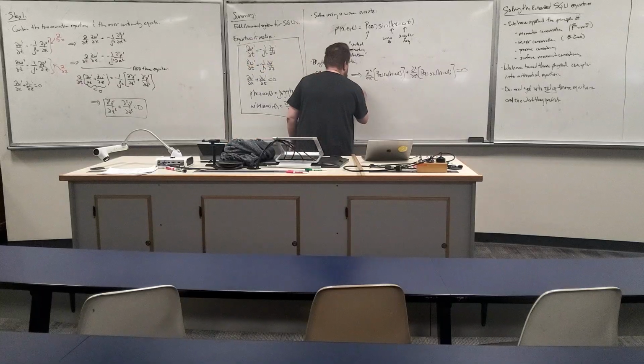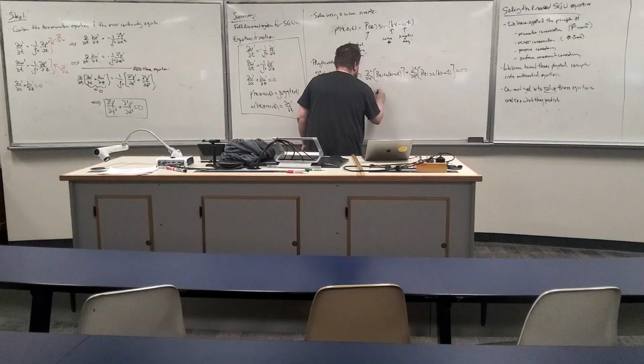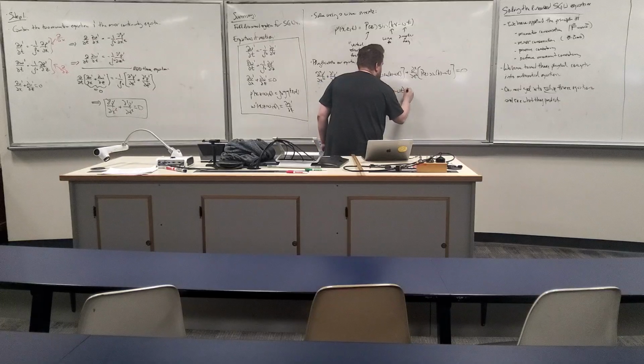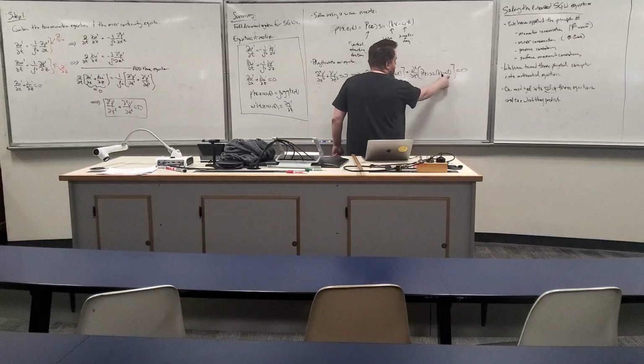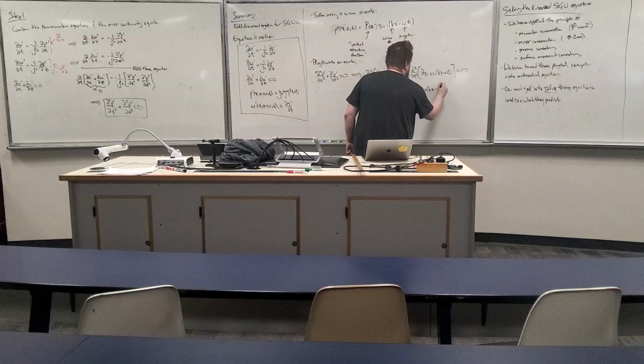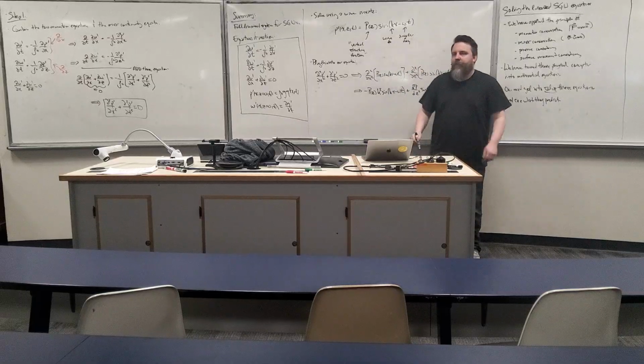So we get here negative P of z times, and there's a k squared that comes out because we take two chain rule derivatives, P of z times k squared times sine of kx minus omega t, plus the z derivative doesn't hit this sine part because it only depends on x and t, but it does hit the P part. So we get d squared P dz squared times sine of kx minus omega t equals 0.